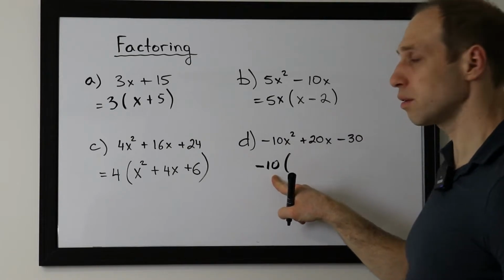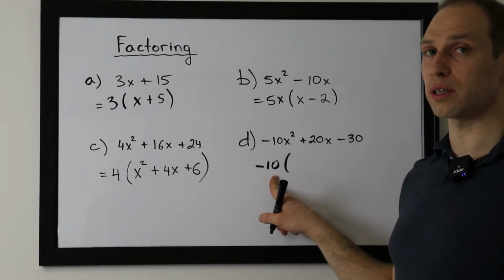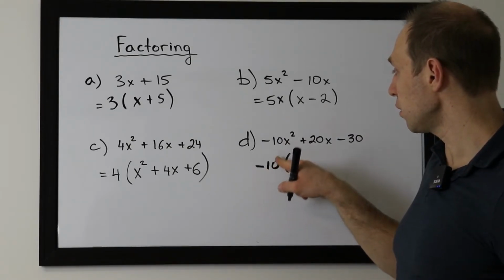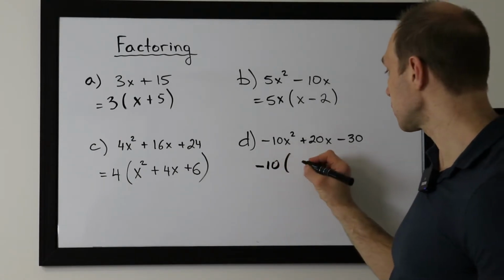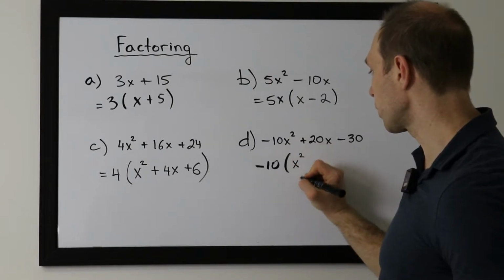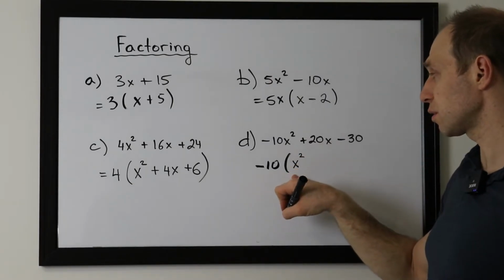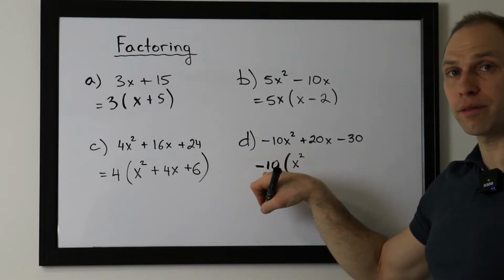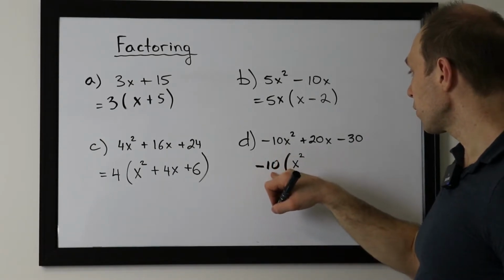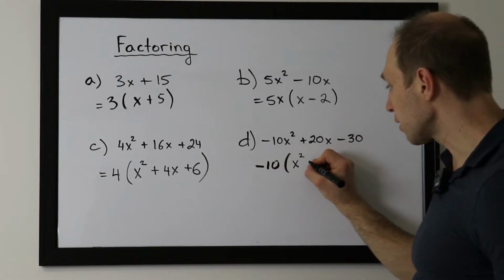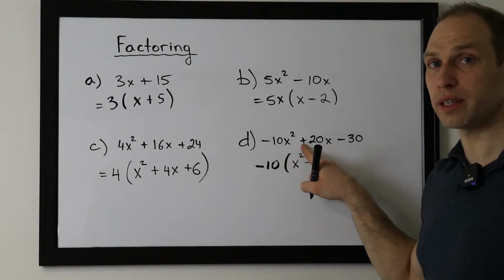Okay, negative 10, we do backwards thinking again. Negative 10 multiplied by what gives us negative 10x squared, and the answer is x squared. It has to be positive inside the bracket because, again, negative times a positive gives us a negative answer. Negative times negative will give us a positive answer.